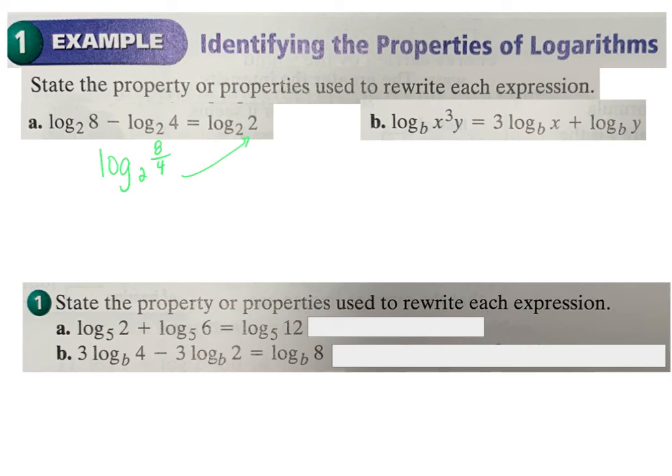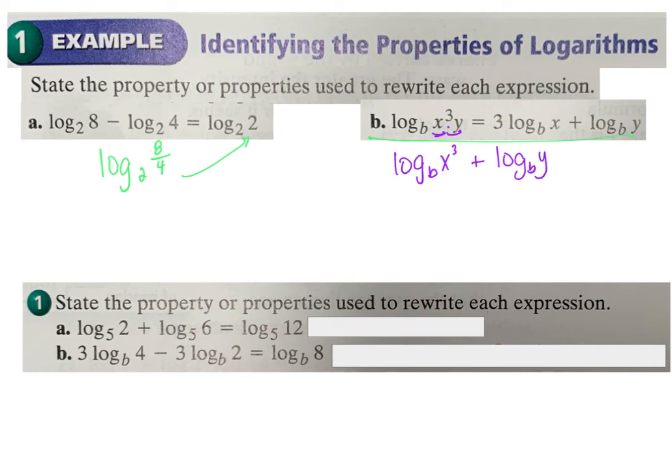Let's look at this one. The first property they used is probably the product rule, because the power only applies to the x. If I have multiplication, I can break it up into addition.